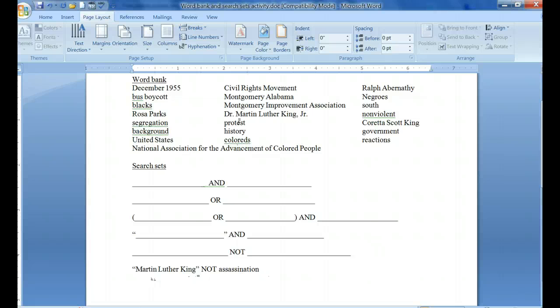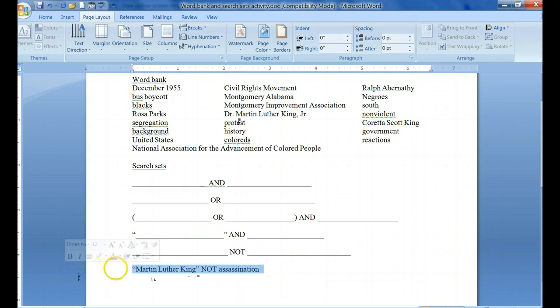But if the word assassination is mentioned in the record for that book, in a table of contents or a summary, you're not going to get that record in your result list because you've said you don't want the word assassination in the record. Remember, your searches look at the records, the words that are in the computer system, not necessarily the words that are in the book or the magazine article. You need to be very careful about using this.